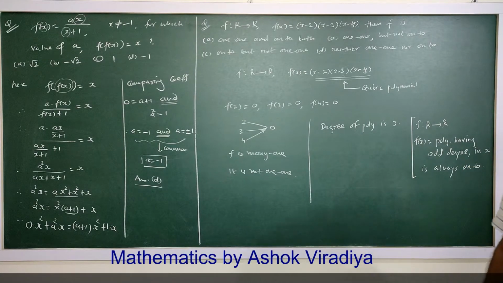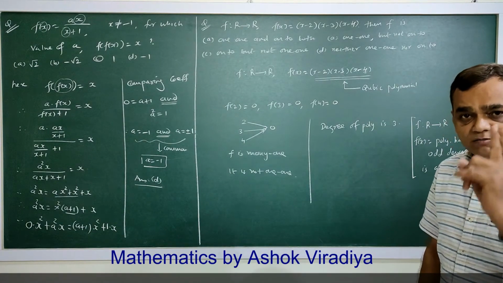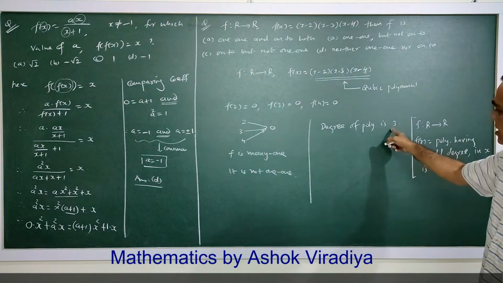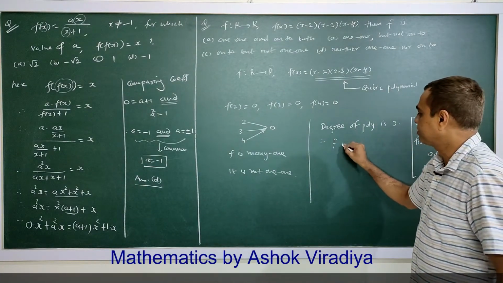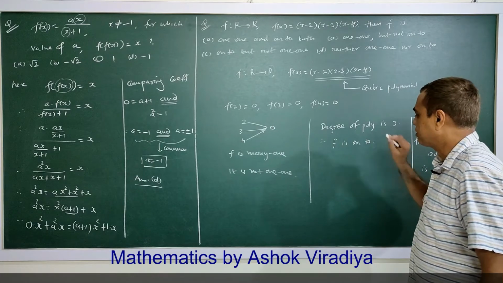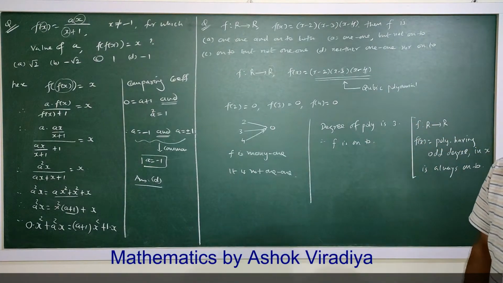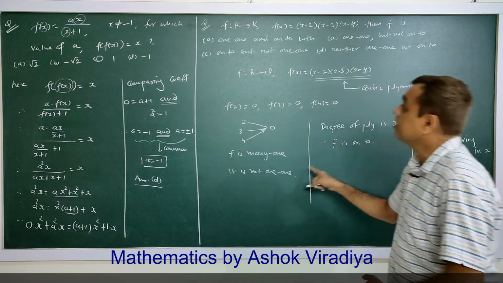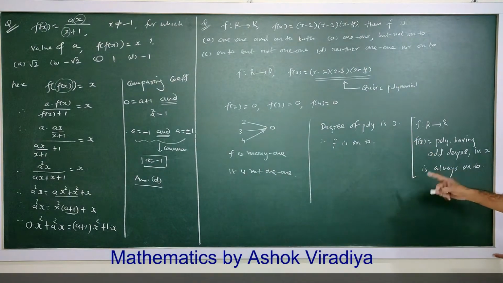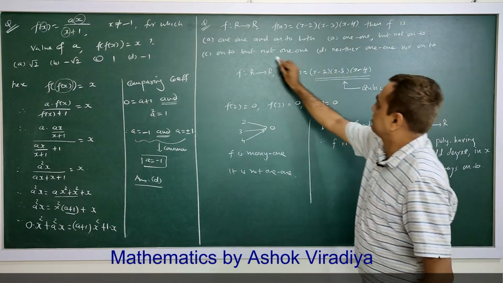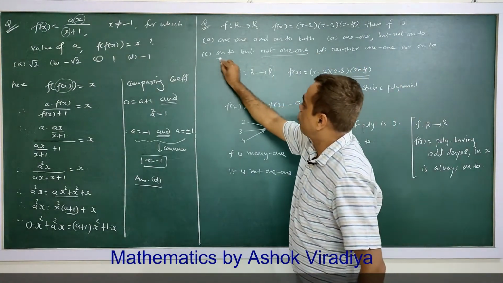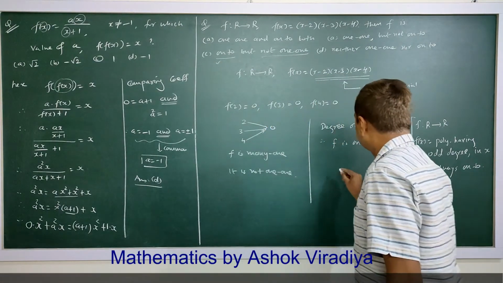Any polynomial function having odd degree is always onto. So because this is odd, this function is an onto function. So function is not 1-1 but onto. It is not 1-1 but onto. So answer is C.